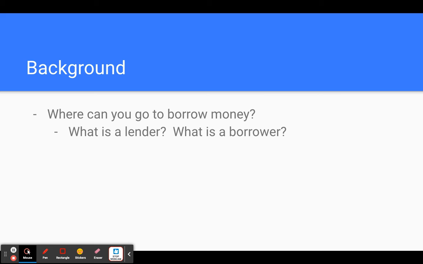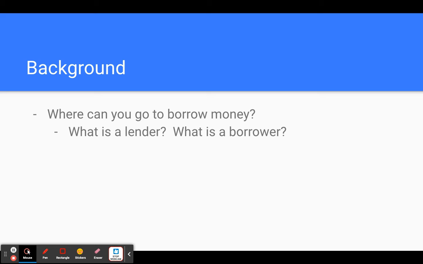What is a lender and what is a borrower? A lender is somebody who is going to give that money out, whether that be a bank or a private person. The lender is the person who has the money to give out to somebody as a loan.